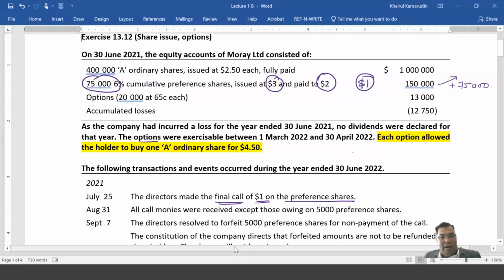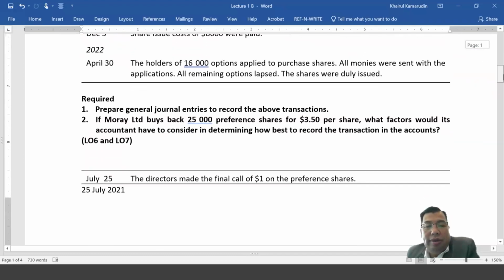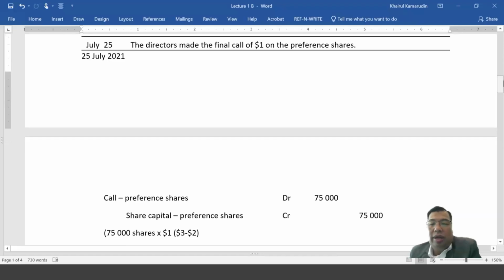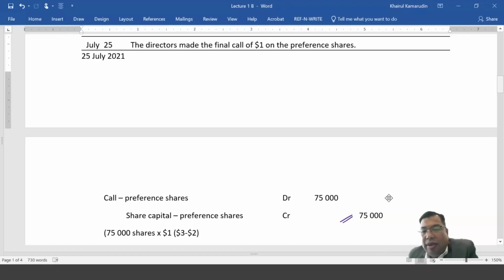You're going to credit your 6% preference shares by $75,000. Let me show you the answer. So the first one, you're going to credit 75,000 preference shares.